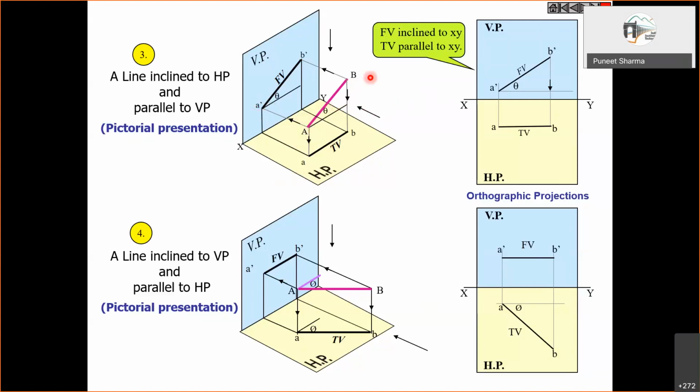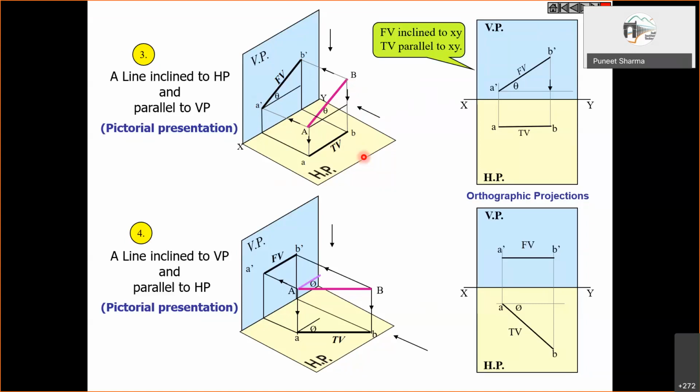So with these two conditions, that position of A not changing and theta not changing, when I move this B, then whichever position I carry this B to, the distance between capital B and small b will not change. Or rather, I should say the capital B will be at the same distance from the horizontal plane for all the positions as long as capital A and theta are not varying, right?